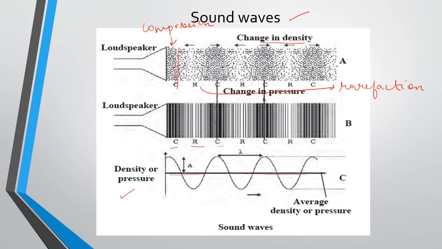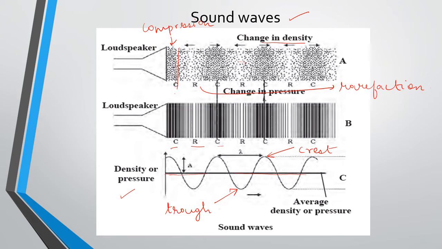This is how it occurs. When it is high, this part is known as the crest, whereas the lower part is known as the trough. This you have to remember. This is how the graph looks. The density is initially higher, then lower, then higher, then lower.